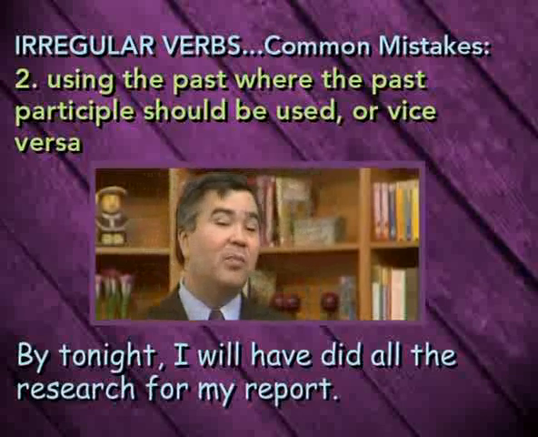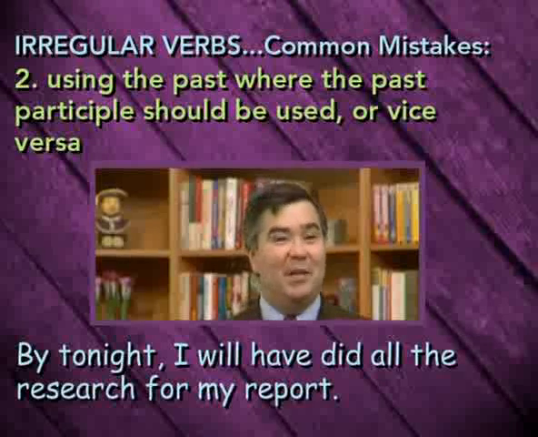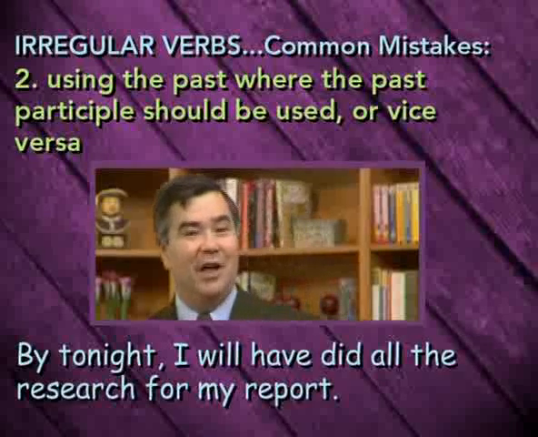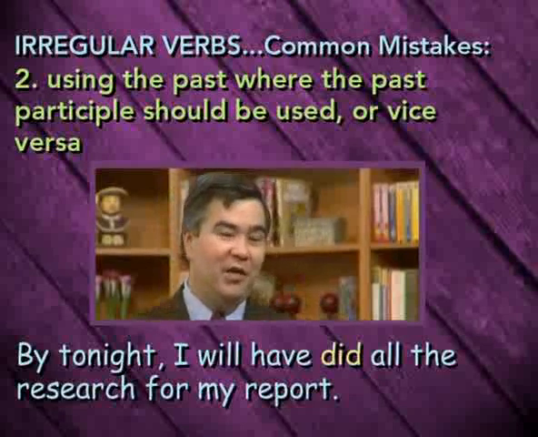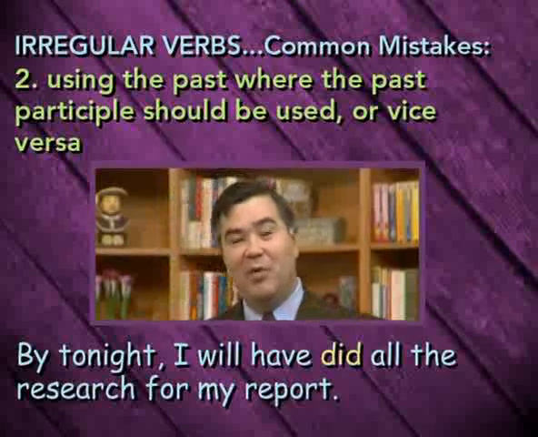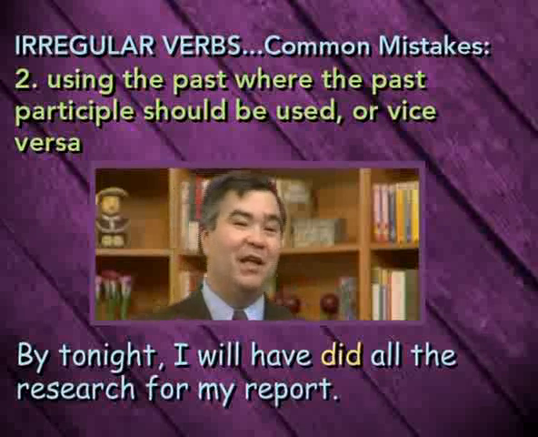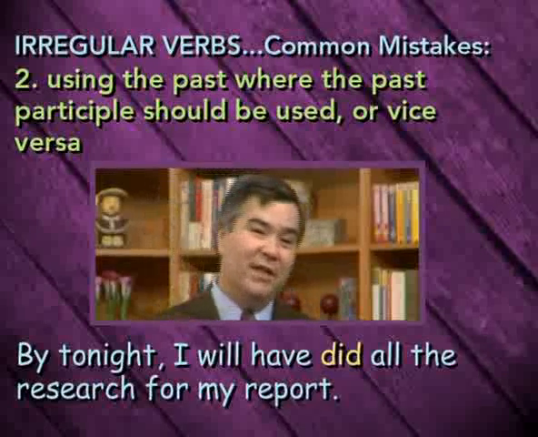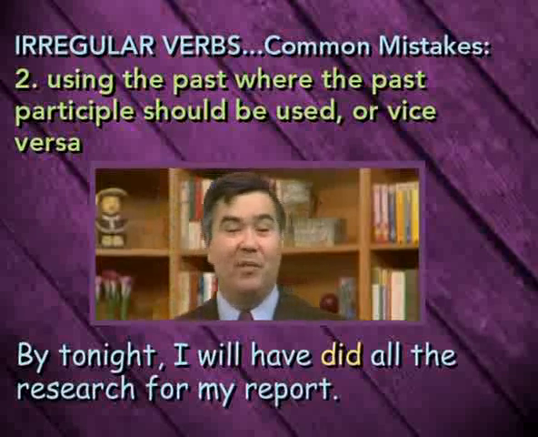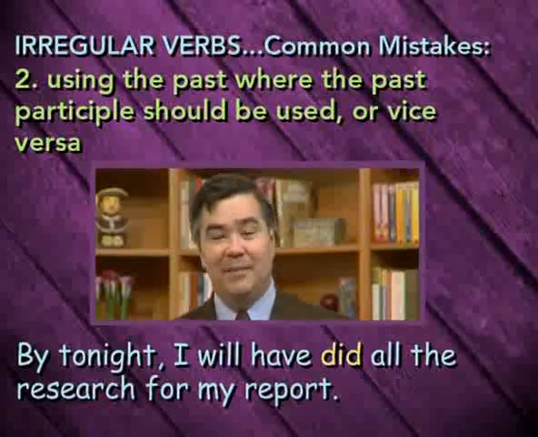But remember, the future perfect tense needs to include the past participle of the verb. In this case, the verb to do is being used, and the wrong form of the verb has been inserted here. Instead of the past participle, the author of this sentence has used the past form of the verb to do, which is did.